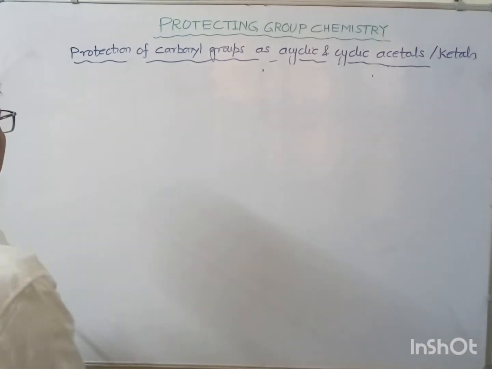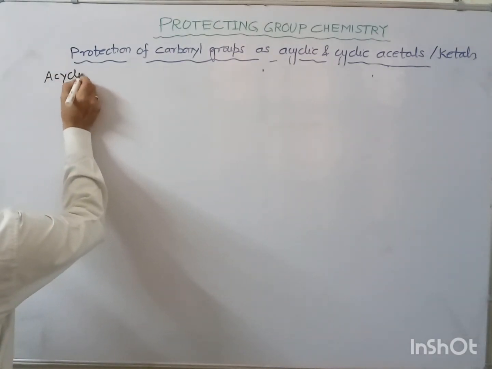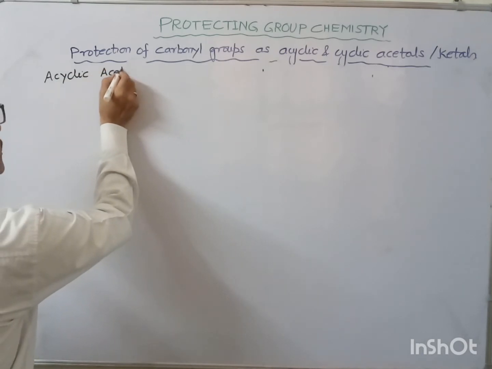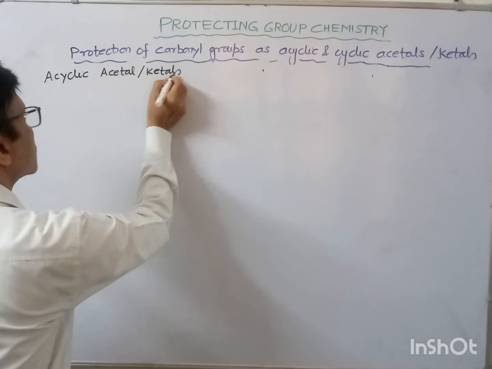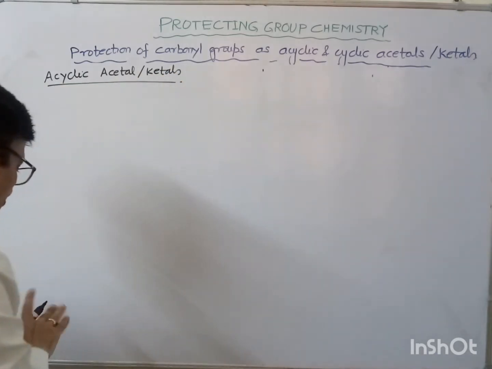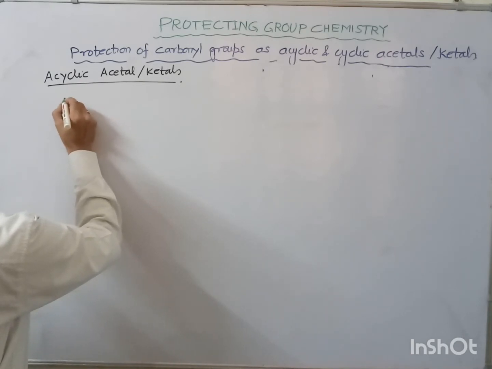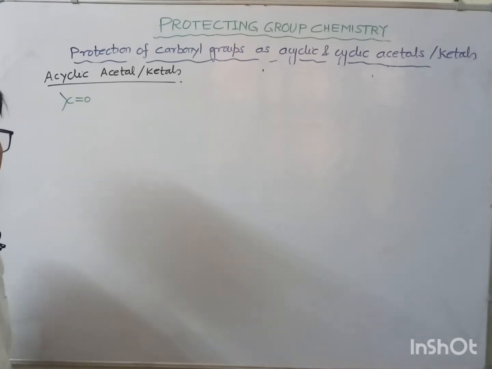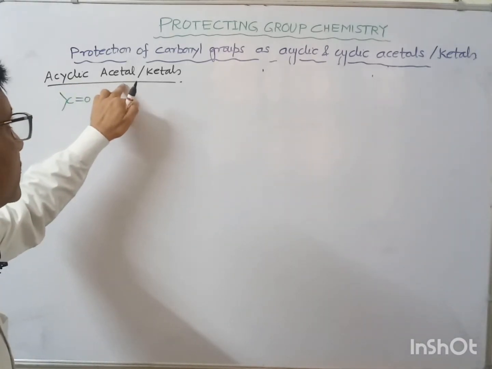So let's see for acyclic. If we have any carbonyl compound, how can we convert it into an acyclic acetal or ketal?